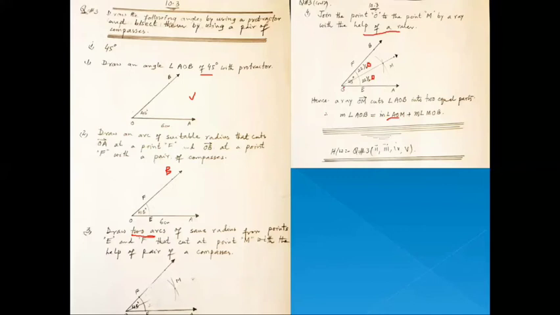Now join O with the point of intersection, point M. Hence a ray OM cuts the angle AOB into two equal parts, two equal angles, that are defined here. Dear students, in the explanation of the question number 3, part number 1 is done. Now parts number 2, 3, 4 and 5 are the same.